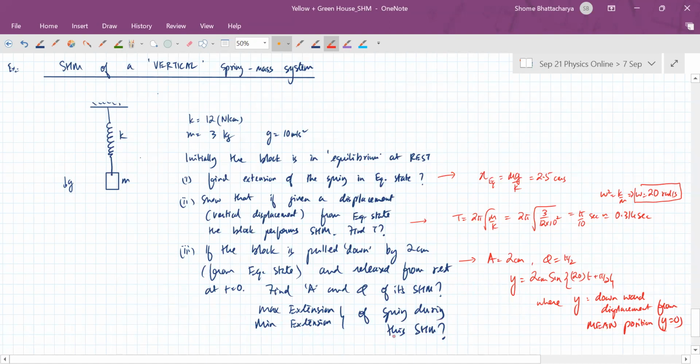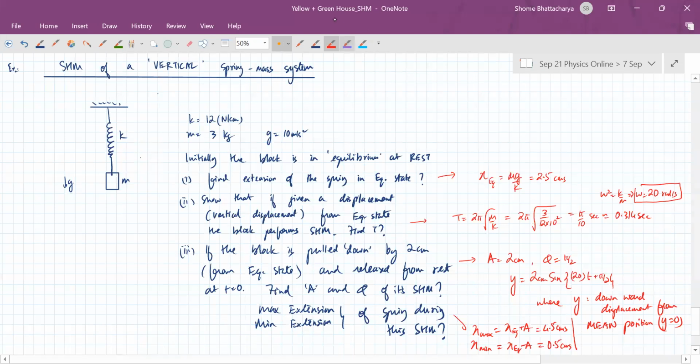So from that, you will understand that the maximum extension of the spring will be x at the equilibrium plus amplitude. So that is 4.5 centimeters. And minimum extension will be x at equilibrium minus amplitude or 0.5 centimeters.